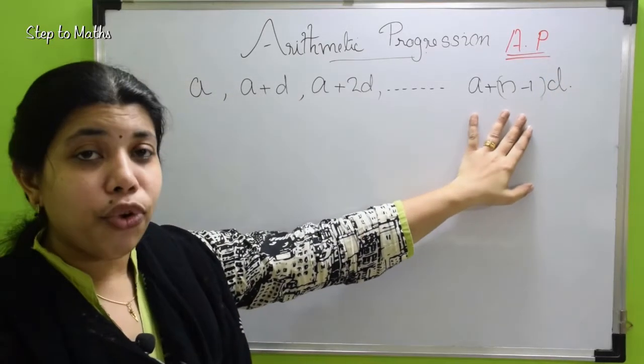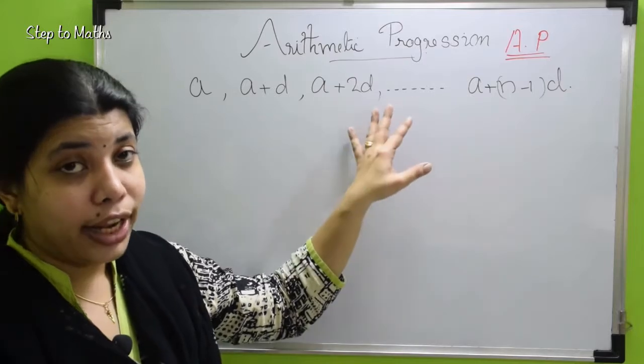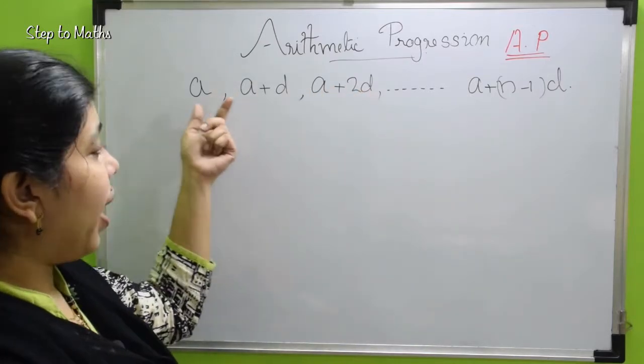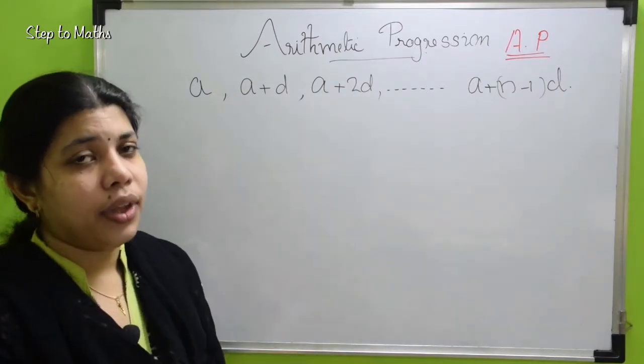This is the general formula of an arithmetic progression with first term a and common difference d.